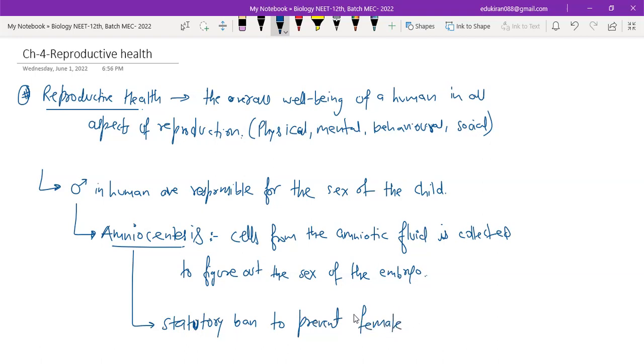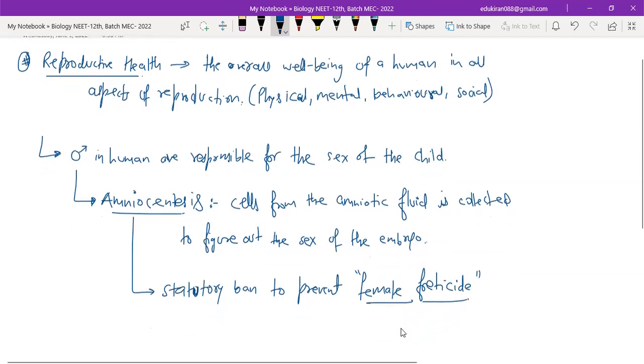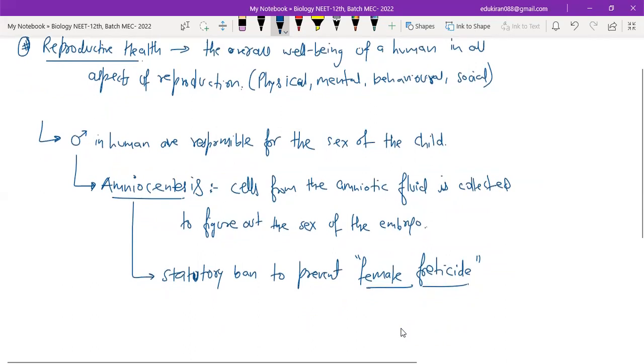What do we mean by female feticide? If the baby is found to be a female, then the parents will consider abortion. In many parts of the world, parents do not want to raise a female child because of cultural issues and other issues associated with the society.